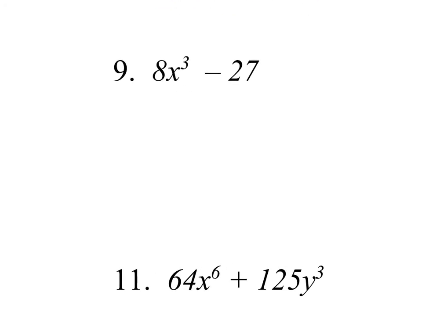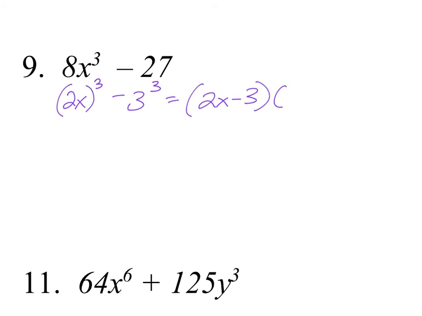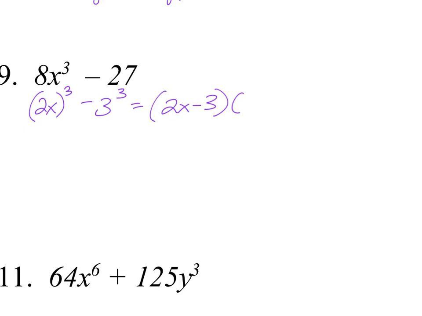Okay, so cubes, binomial. I do have cubes. This is 2x cubed, and I'm subtracting 3 cubed. All right, so that's going to give me a same symbol, so minus 3 times a, which is 2x, so a squared, 4x squared, flip the sign, plus just a times b.